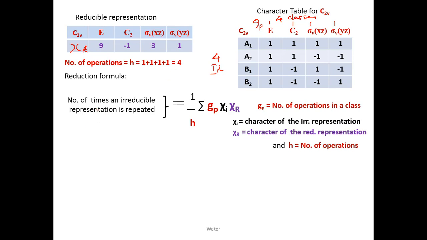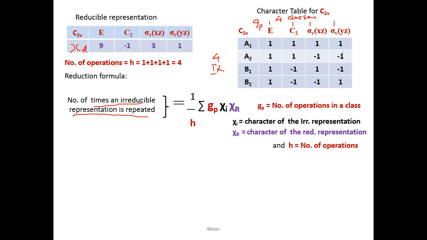When you do the reduction using the reduction formula, we find the number of times an irreducible representation is repeated. For example, the number of times A1 is repeated, A2 is repeated, B1 is repeated, B2 is repeated. Chi-r will not change: 9, -1, 3, 1. g_p will not change: 1, 1, 1, 1, but the value of chi-a will change.